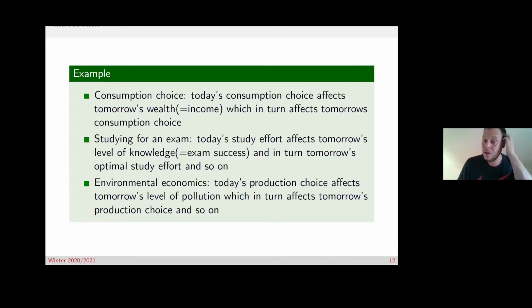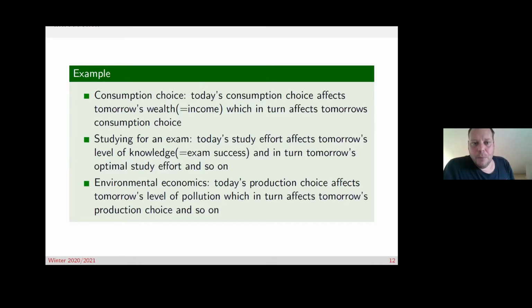In the consumption choice problem, that would be how much you consume. This is a thing that you can choose. And there's another variable that characterizes the situation you are in.